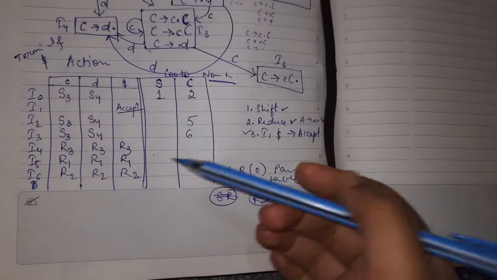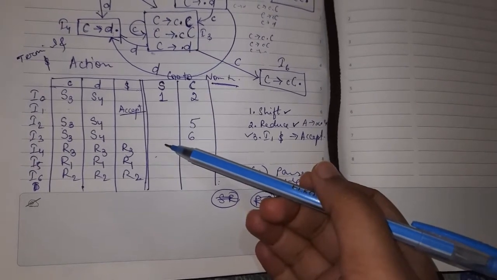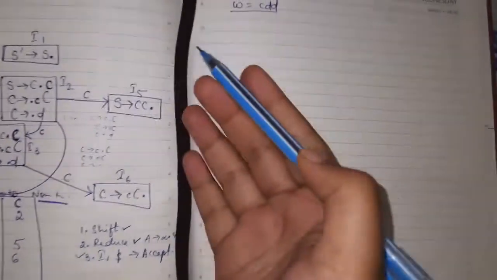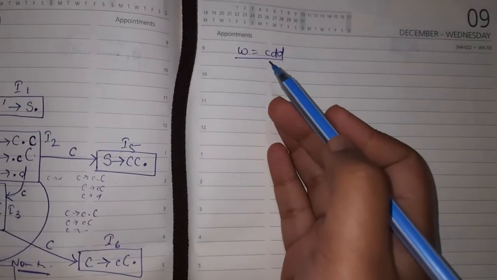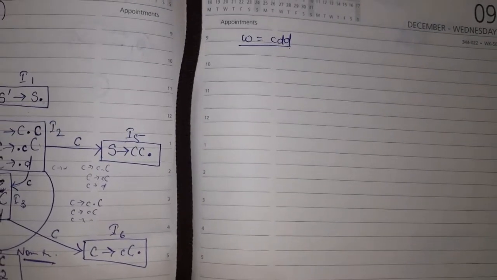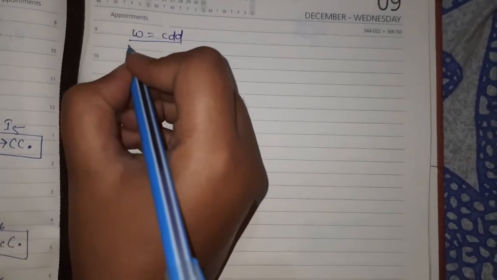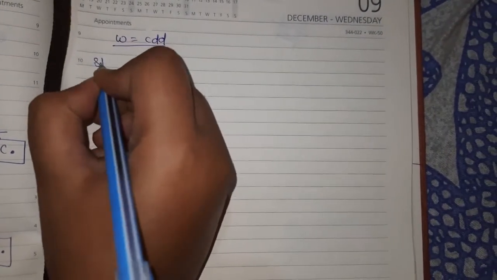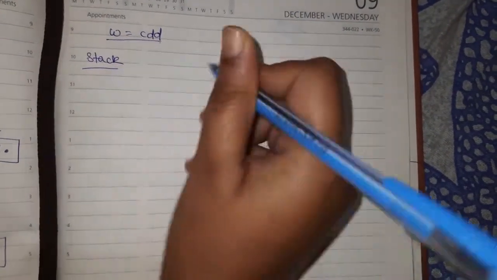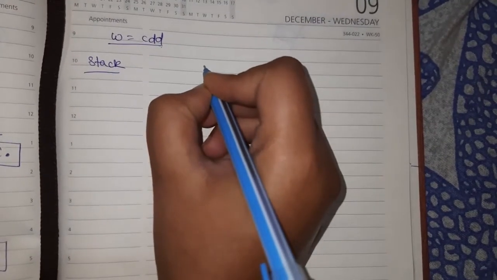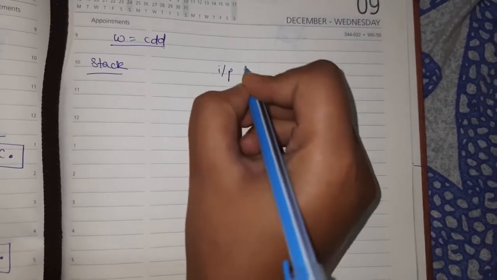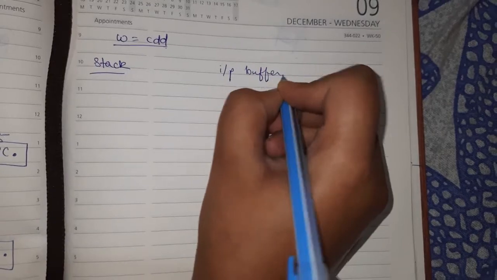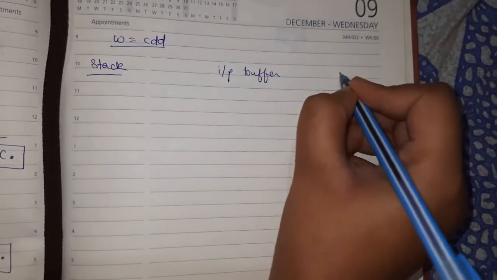Using this parser table, I need to see if I can parse the string w equals CDD. So here is my initial stack, then my input buffer, and finally some remarks or results.